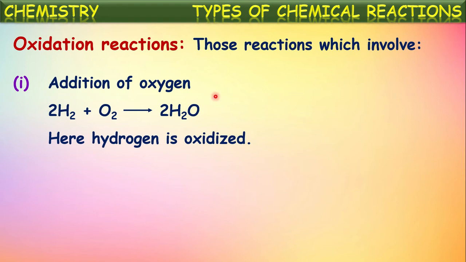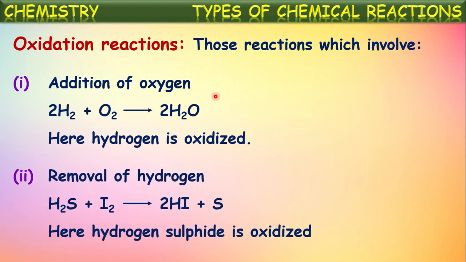The same oxidation can be defined in the other way also. It can be defined as removal of hydrogen from a chemical substance. Let us see an example for that, that is, for removal of hydrogen. Hydrogen sulfide, H2S, reacts with iodine to form hydrogen iodide and sulfur.